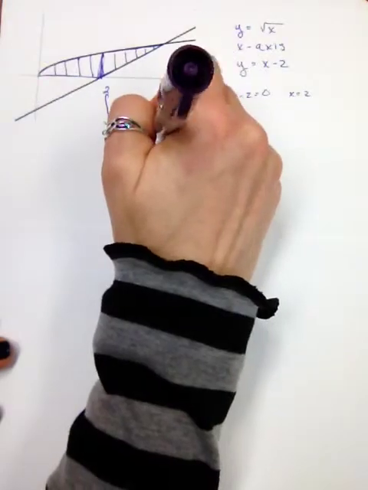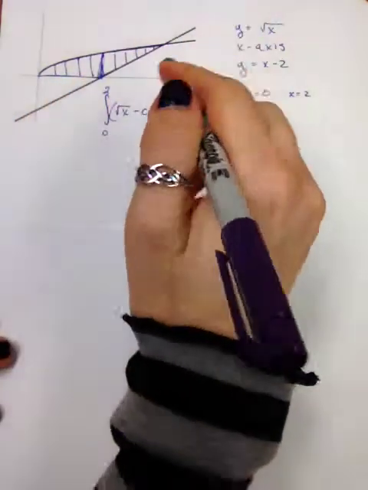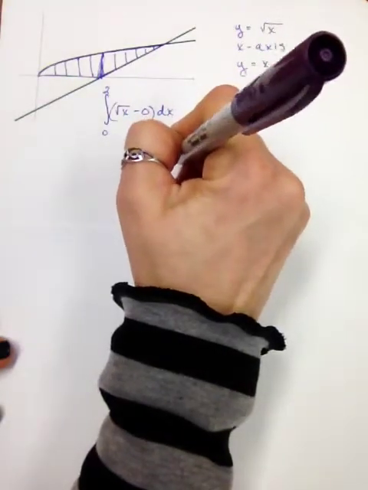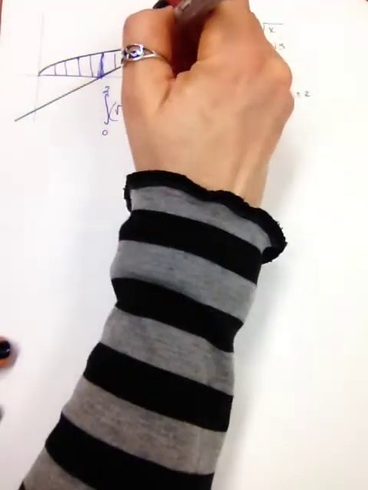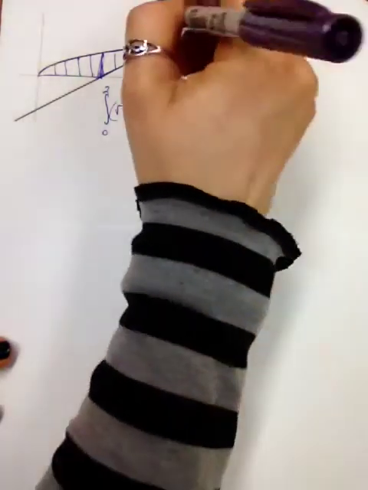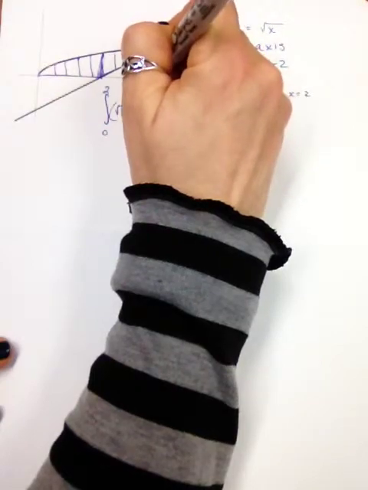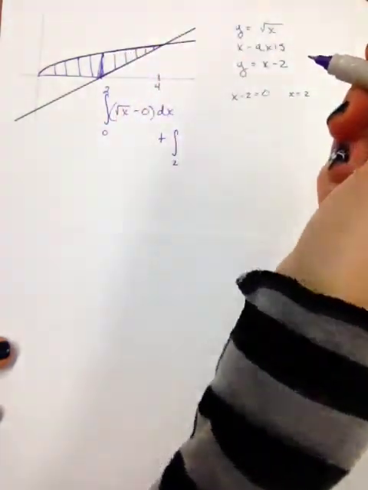But I'm going to add to that the area of this region, and that starts at x equals 2. So I'll start integrating at x equals 2. And I have to go all the way until these two lines intersect, the square root of x and y equals x minus 2. Now you can solve that by hand or with the calculator, but the x value where that occurs is x equals 4.